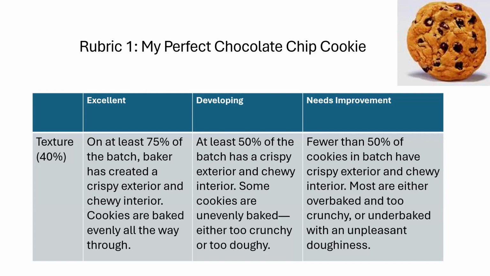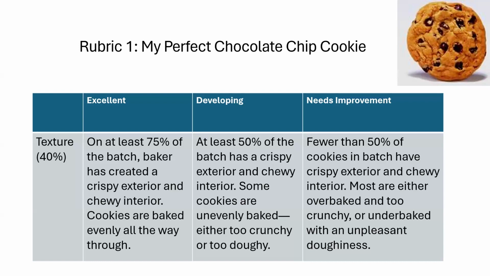So taking a minute to describe what that truly excellent texture looks like and using terms that are as concrete as possible, while recognizing that we'll never be able to describe every possible way this could look. We're just trying to give the students some guidelines about what this can look like.